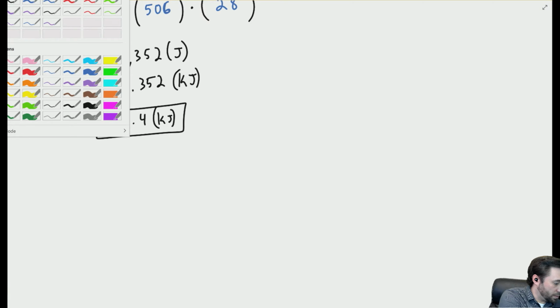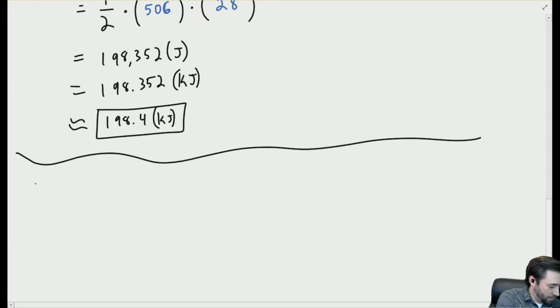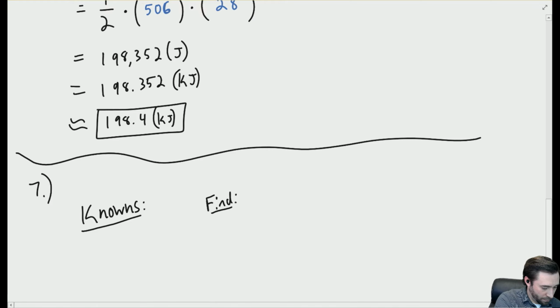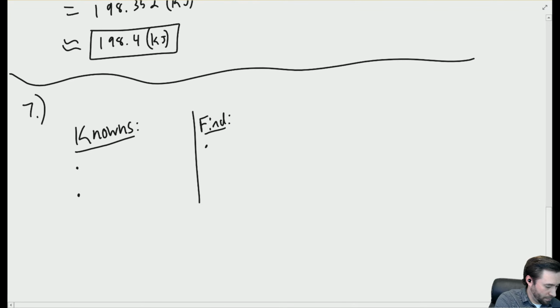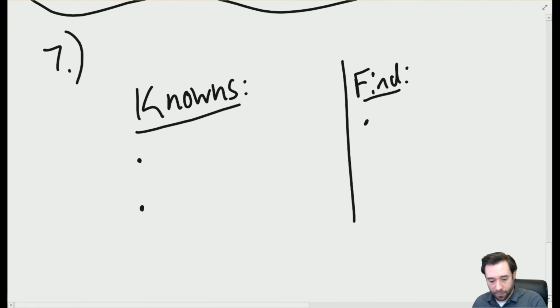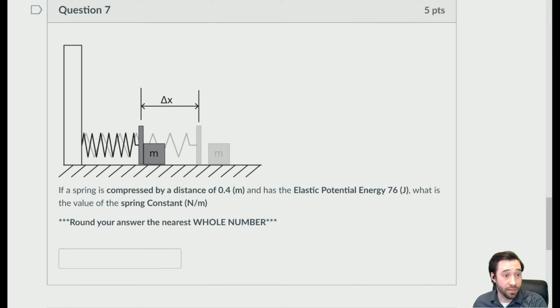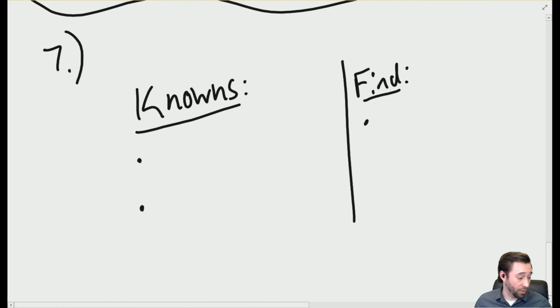It has an elastic potential energy of 76 joules. What is the value of the spring constant in newtons over meter? And round to the nearest whole number.